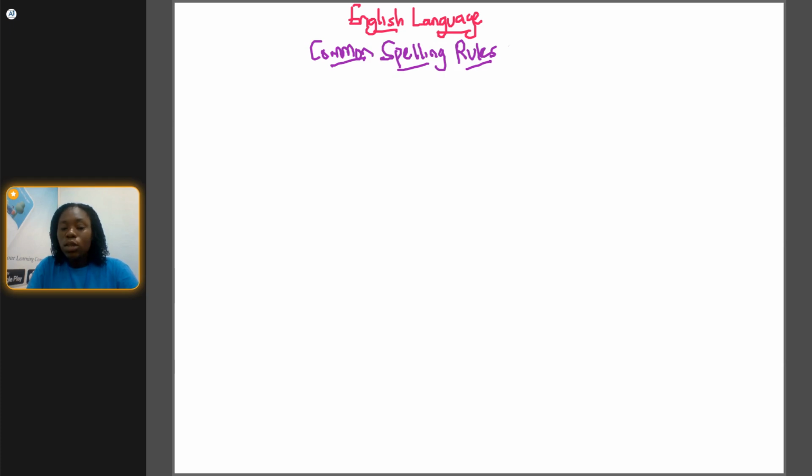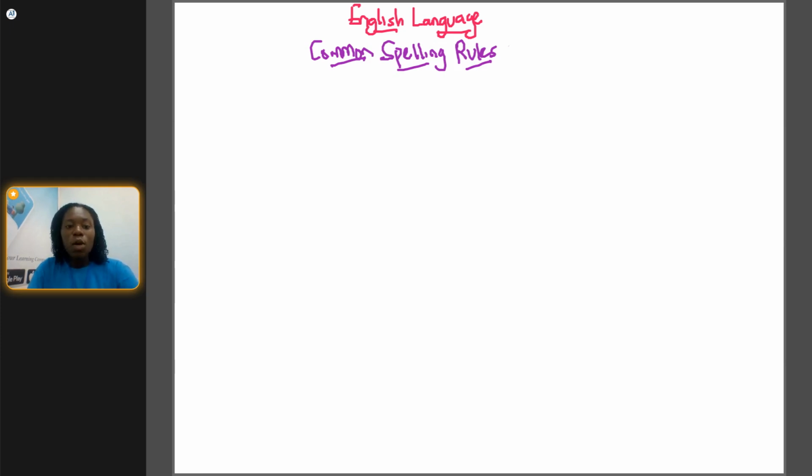Then we continued by looking at common spelling rules and errors that are common when one is spelling. Like I mentioned, we're going to continue from where we stopped the last class, on common spelling rules.